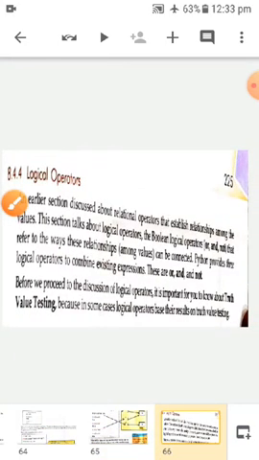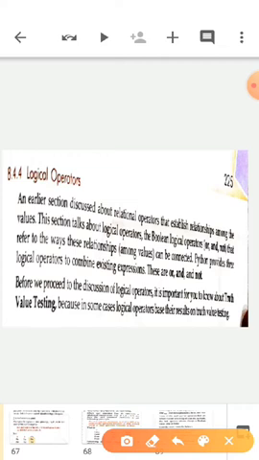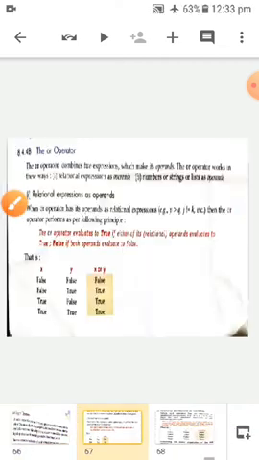Logical operators. See, logical operators are those operators which we have discussed in the algebra chapter also. We are having three types of logical operators: or, and, not. They work the same way as they work in Boolean algebra. Let's see how.